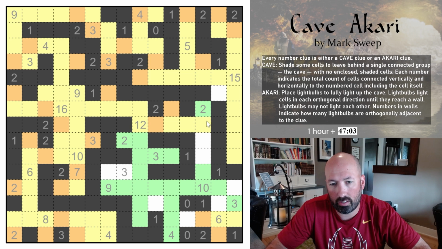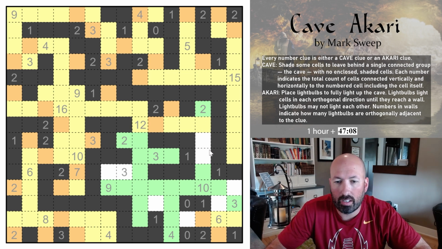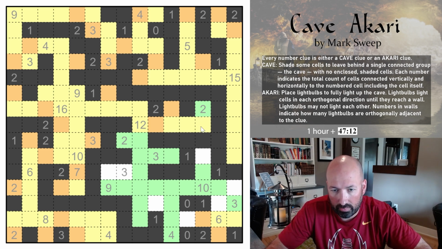And since it already sees 1 cave cell, it's got to continue like that. And now, oh, we have to have that because of the 2. Now just the last little bit.